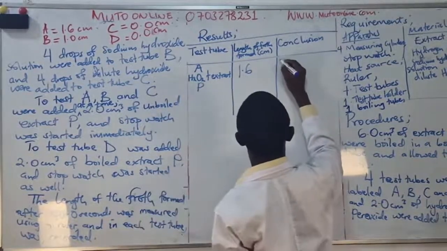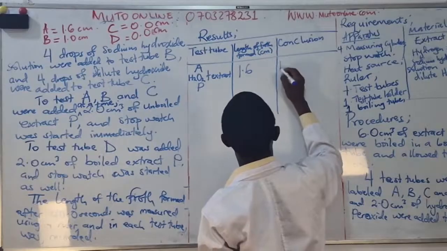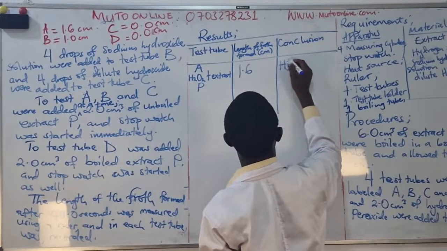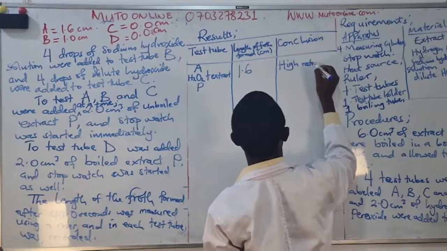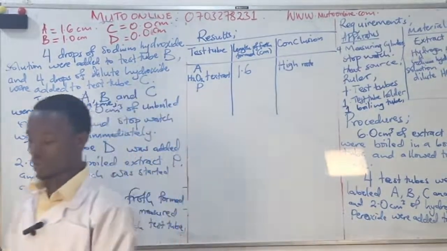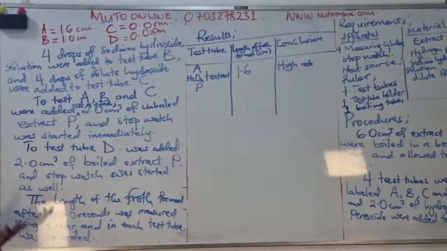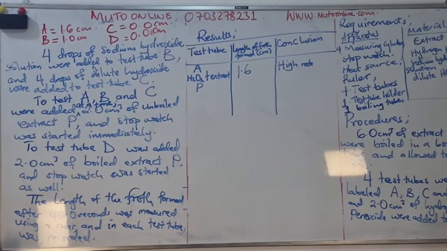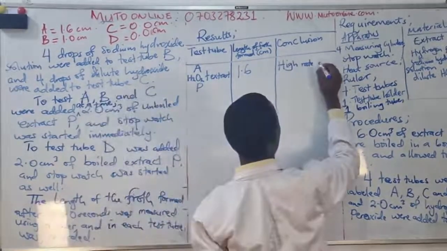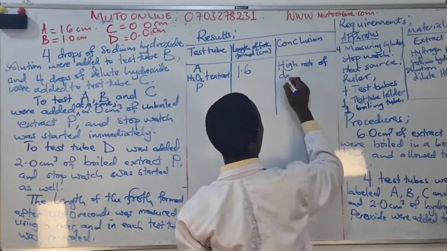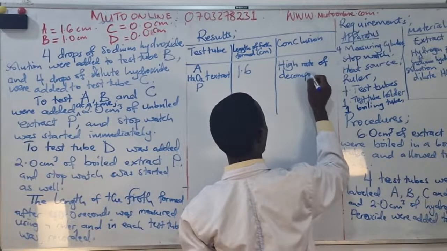This is indicating high rate. So the conclusion is about the rate of decomposition of the substrate. Now, the substrate is hydrogen peroxide. So high rate of decomposition.